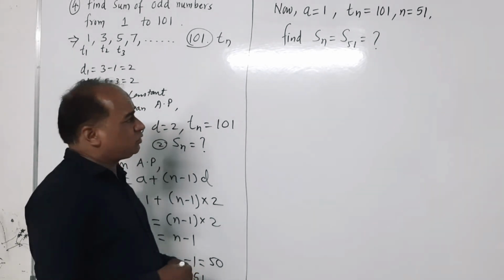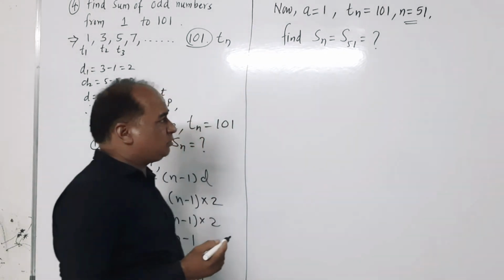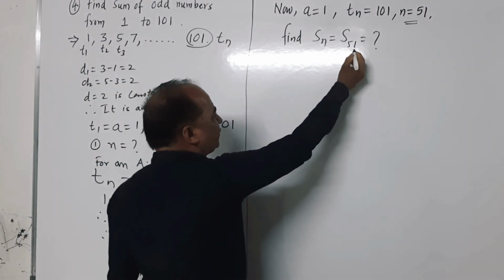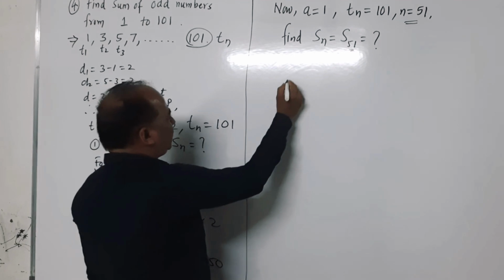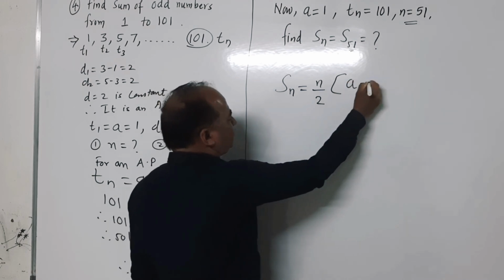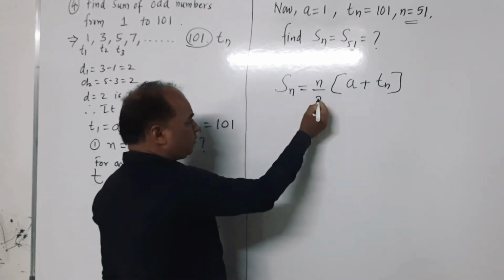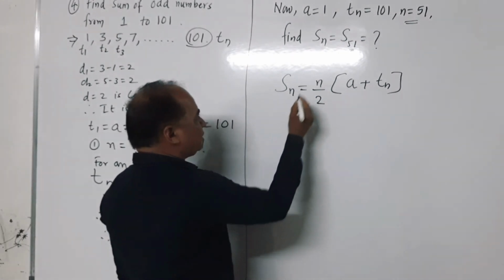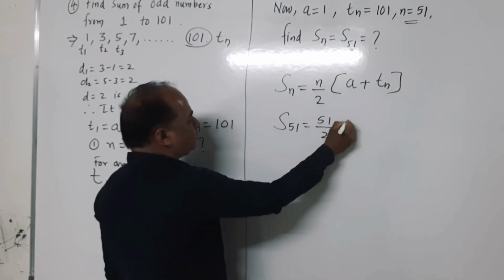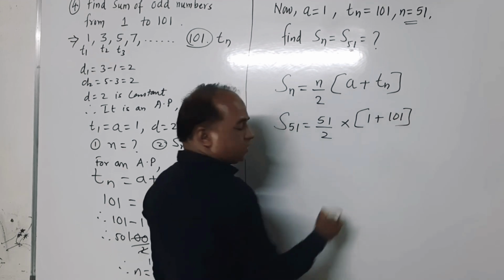Now first term A is equal to 1, last term Tn is 101, n is equal to total number of odd numbers from 1 to 101, which is 51. We have to find Sn, that is S51. So we know the formula, Sn is equal to n upon 2 bracket first term plus the last term. When first term and last term are given, we can use this formula, Sn is equal to n upon 2 in bracket A plus Tn, last term. Therefore, S51 is equal to 51 upon 2 into A, which is 1, plus last term 101.